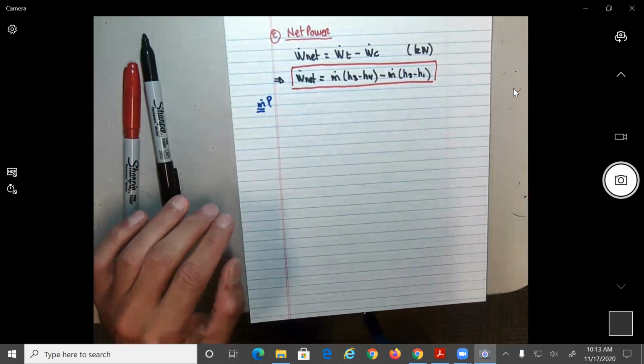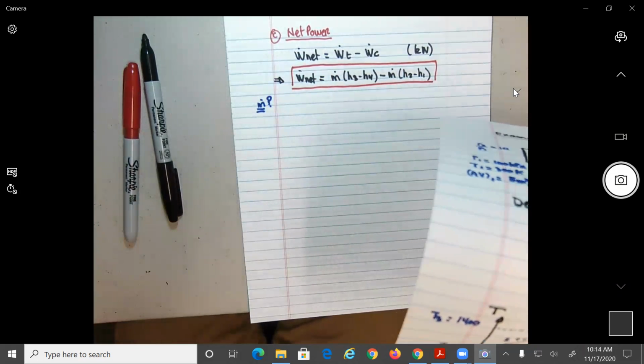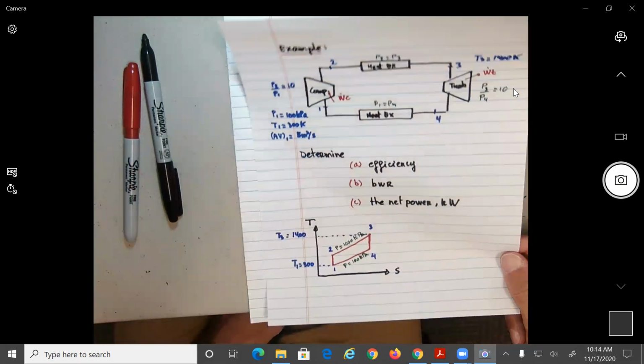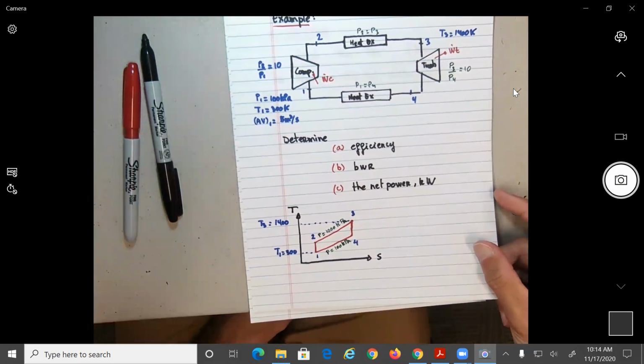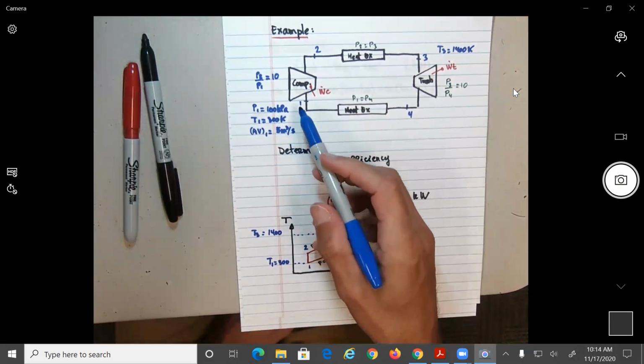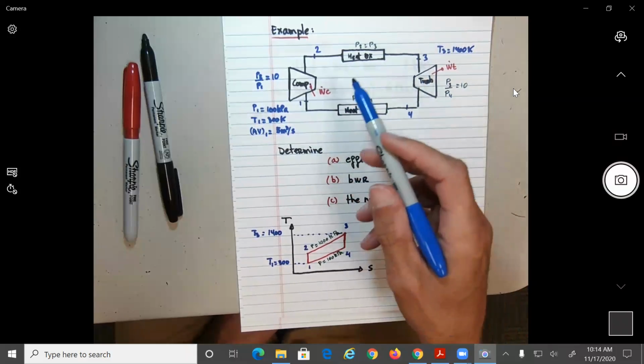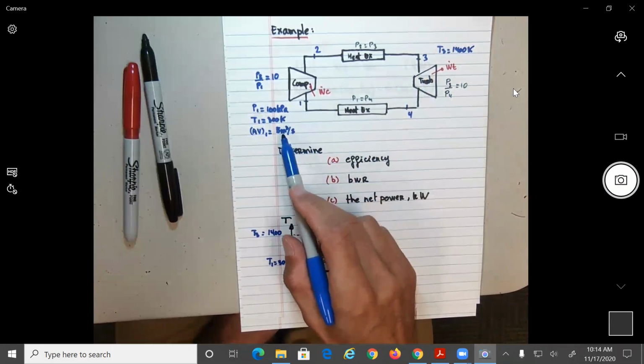So let's see, what do we have in order to find the M? Okay, so in order to find the M, we know that this is a steady state, so that means the mass flow will be the same all over the places, no? Okay, so what do we know at point 1? We know the volumetric flow rate.